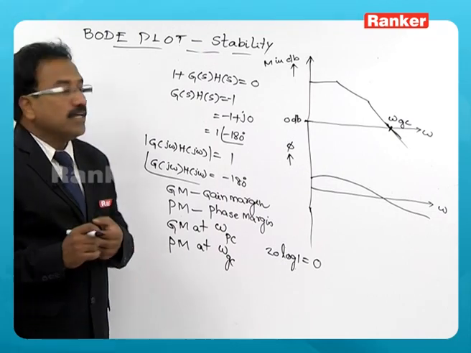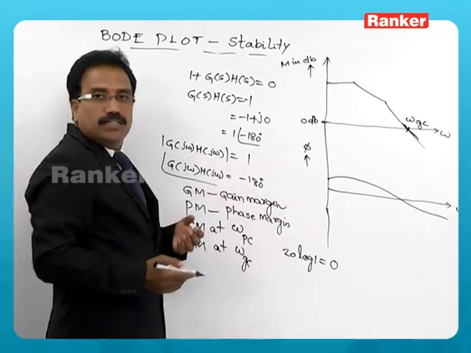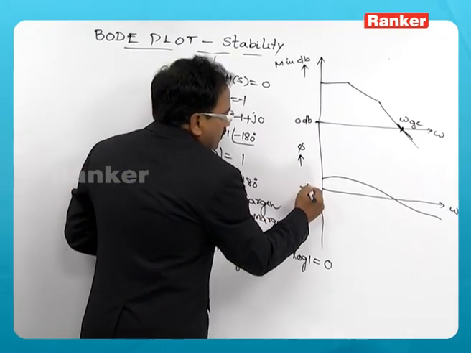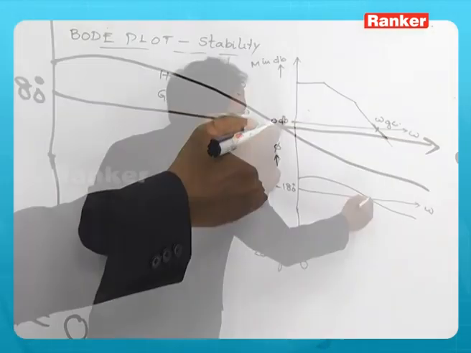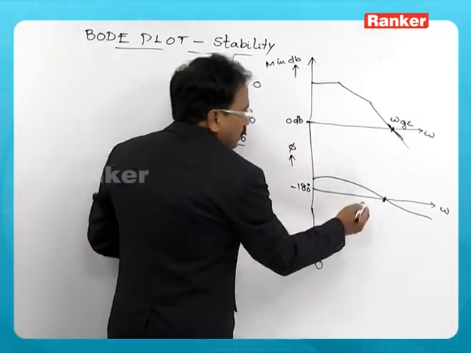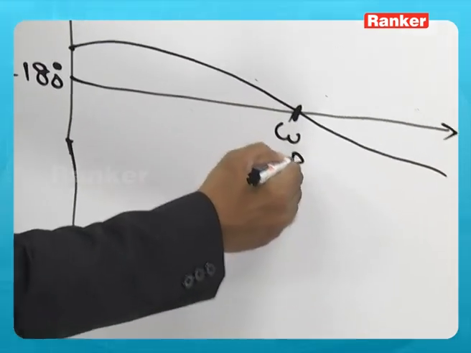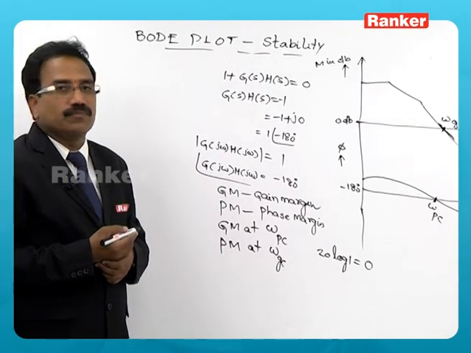Similarly, the phase angle plot. We should keep 180 degrees in view, say this is minus 180, and when the phase angle versus frequency plot crosses minus 180, this is known as omega Pc.